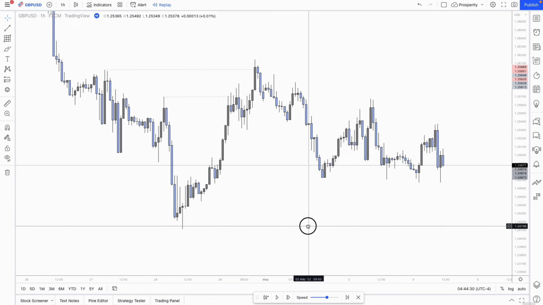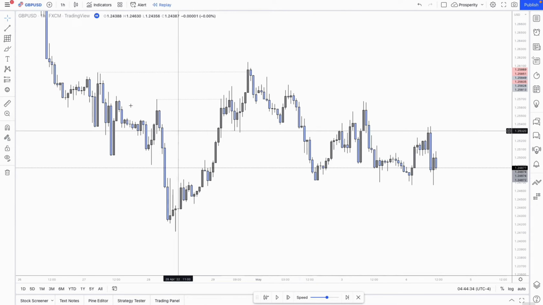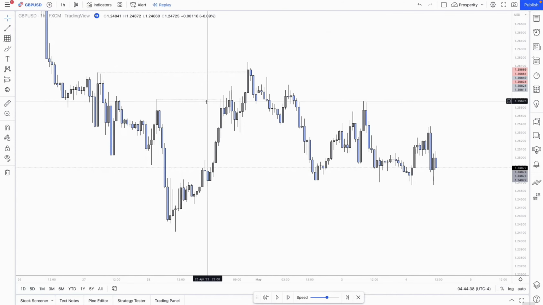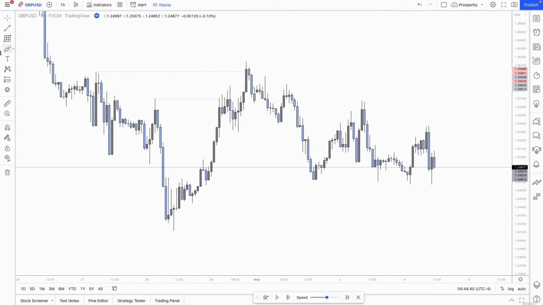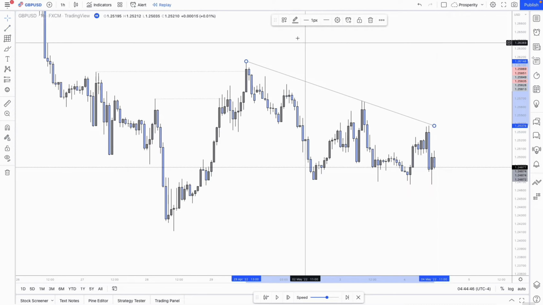So if we look now, first and foremost, I want to give you the retail perspective. The retail perspective is going to be something along the lines of, okay, we've had a break of structure, or this is a break of structure, whatever they want to consider. Okay, now we have a downward trend line. Multiple different types of traders with different strategies.